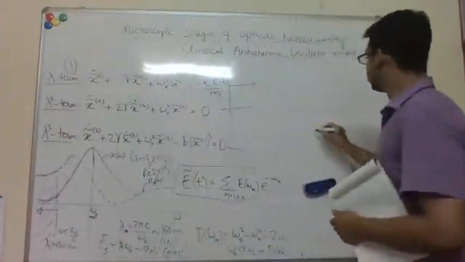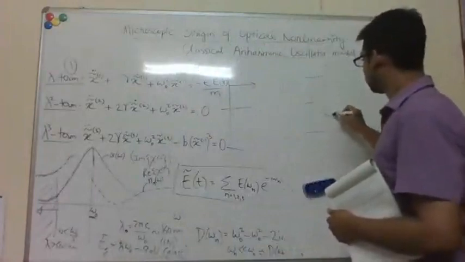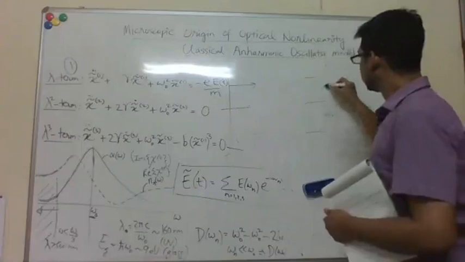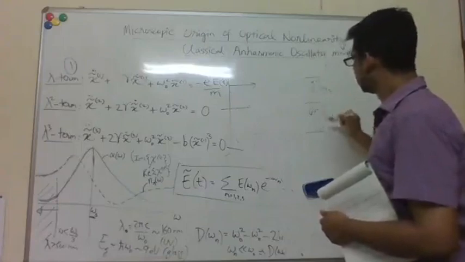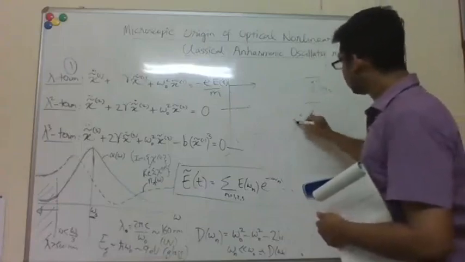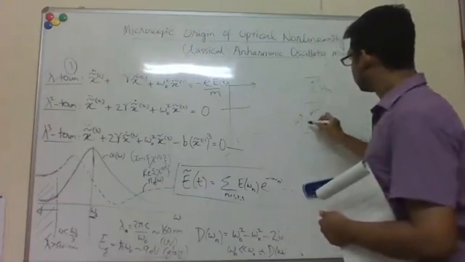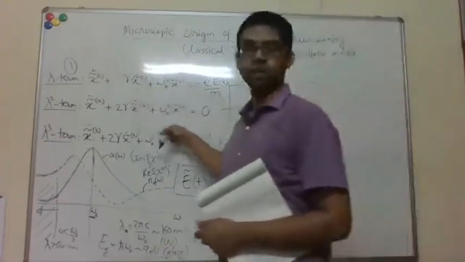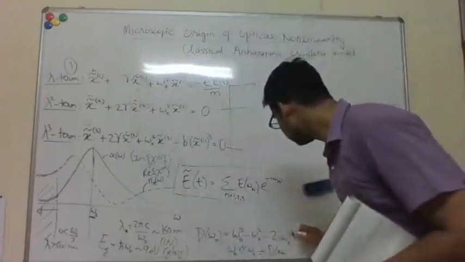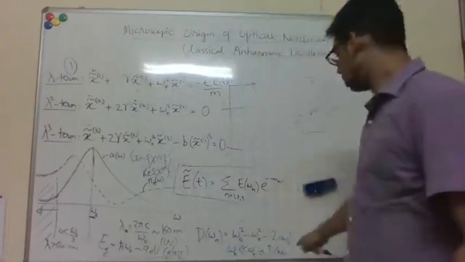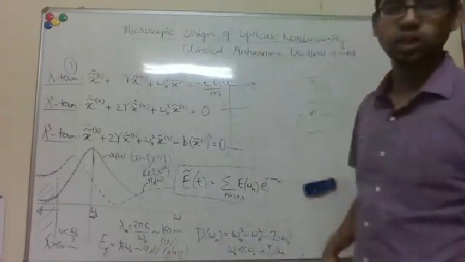So let's say you have multiple energy levels here, so this is some omega naught 1, this is omega naught 2, this is omega naught 3. If your drive is at a certain frequency omega, only the closest frequency to that dominates, because you see here the difference shows up. So the closest omega naught to your drive is the one which dominates, and we can basically neglect all the others.